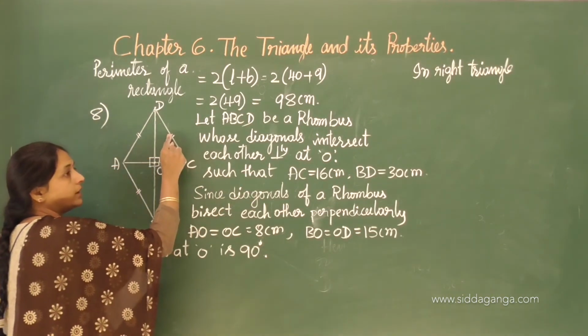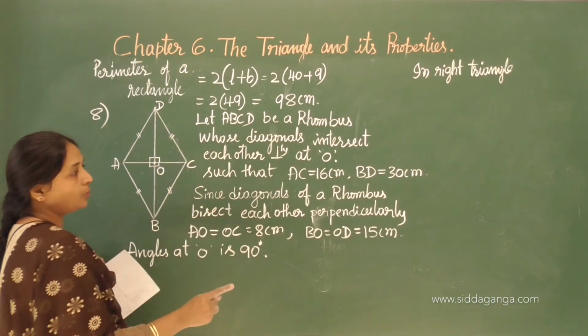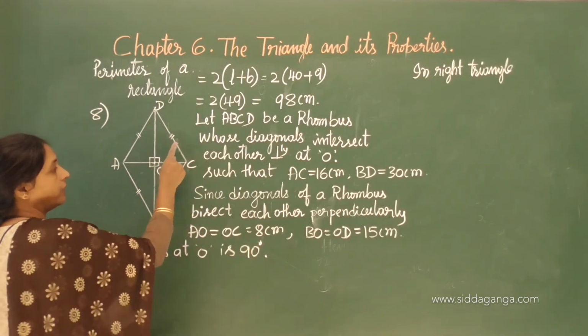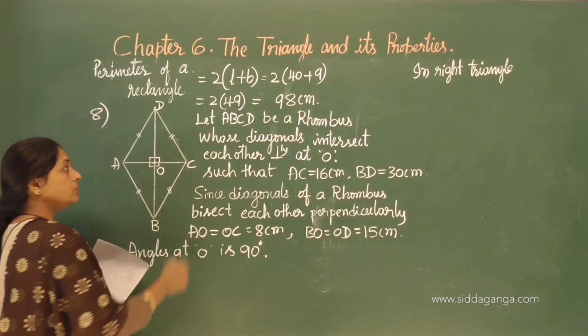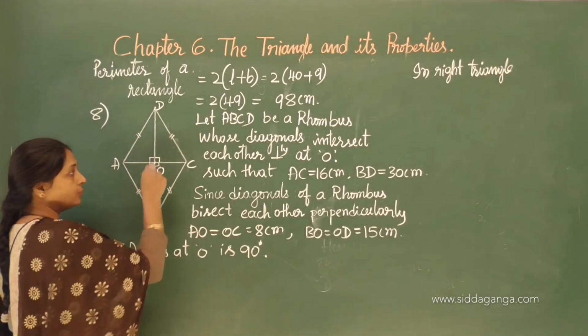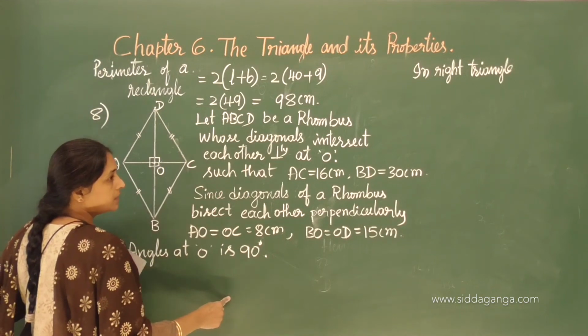By using the Pythagoras property, we can find the side of the rhombus. So to find it, we are using all these characteristics.